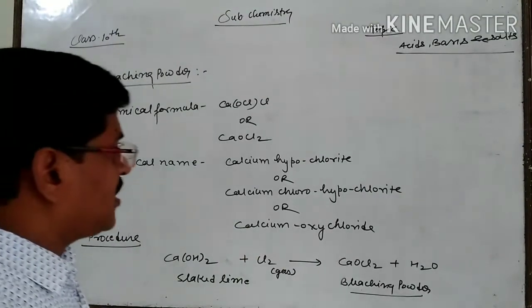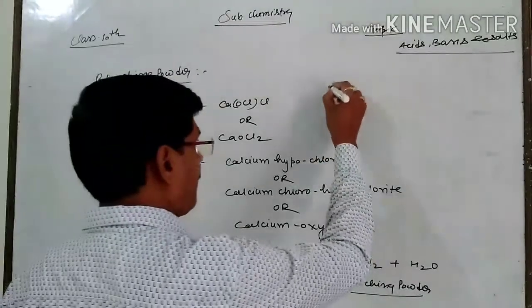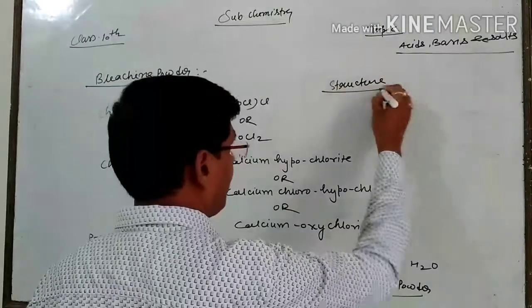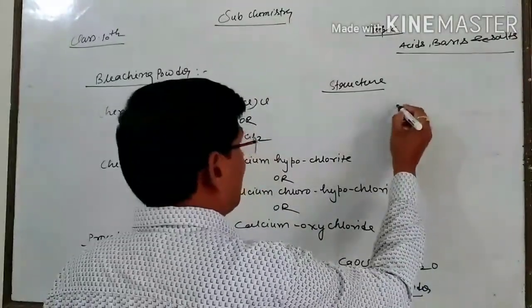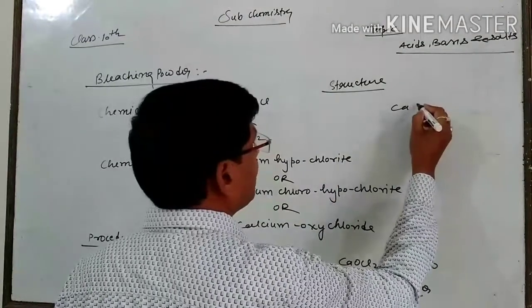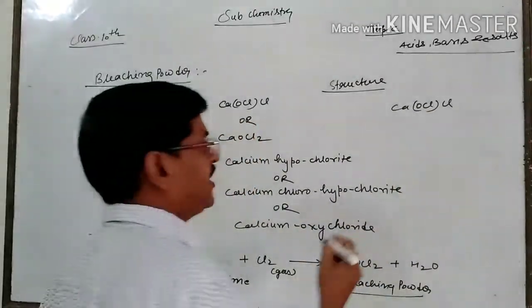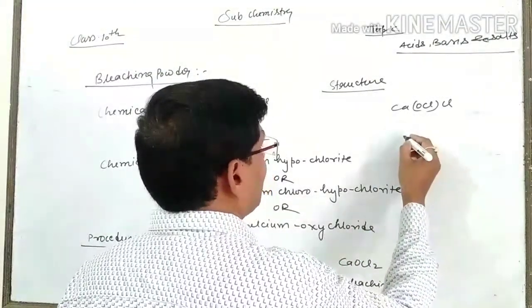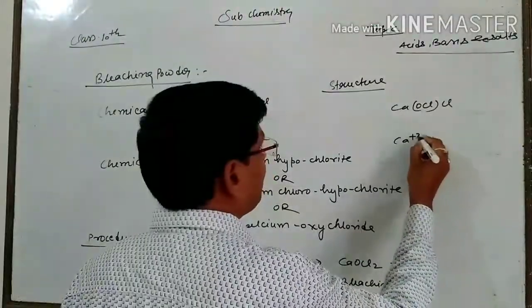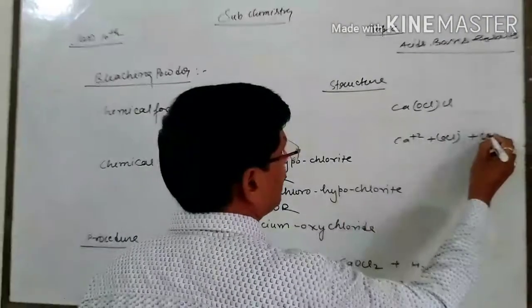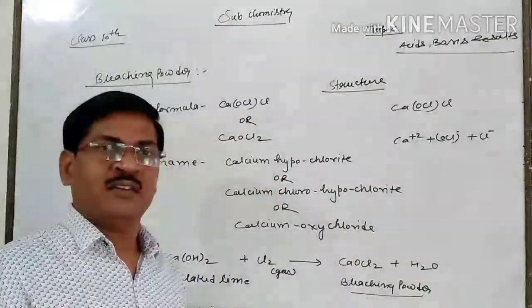After that, I have to discuss its structure. Sometimes it is written as Ca, OCl and then Cl. It breaks up and gives Ca2+ plus OCl minus, and one Cl minus.